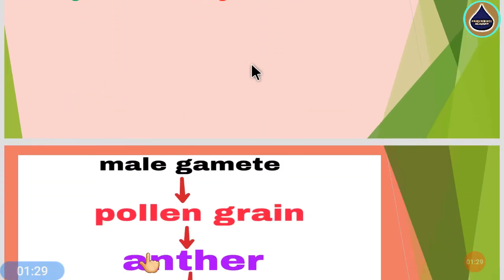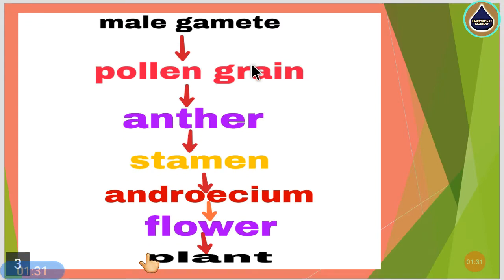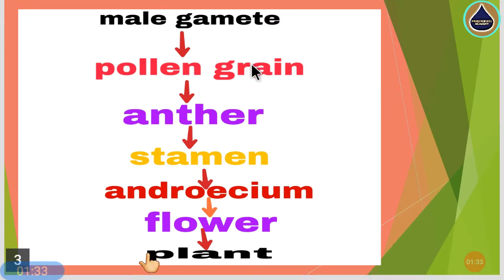Now, before I take the example of how many cells are needed for seed formation, I would like to explain how this male gamete is formed and where it is located.